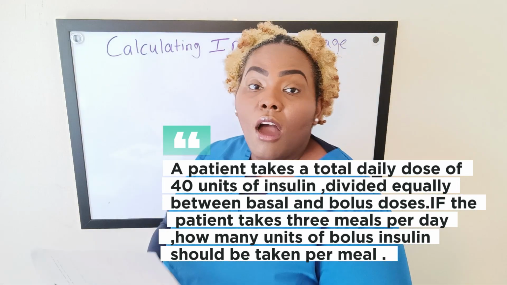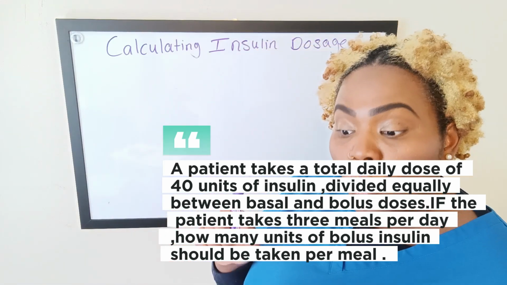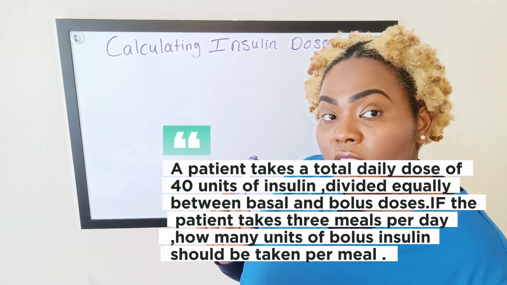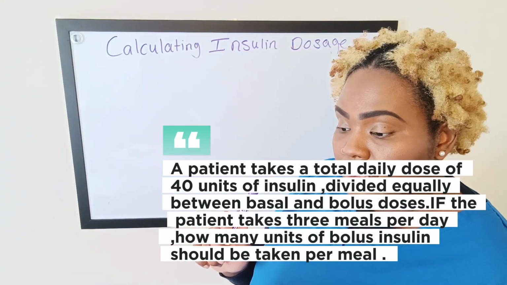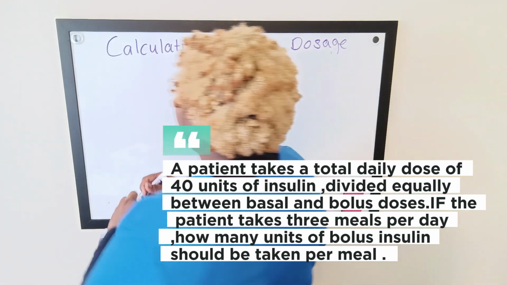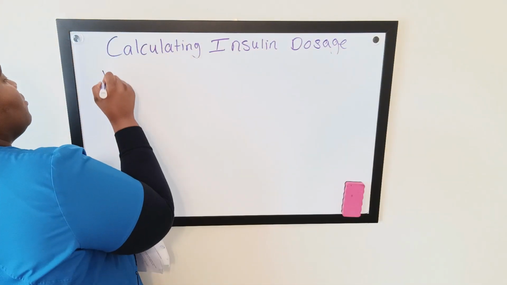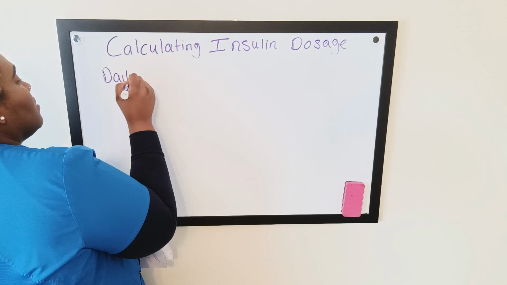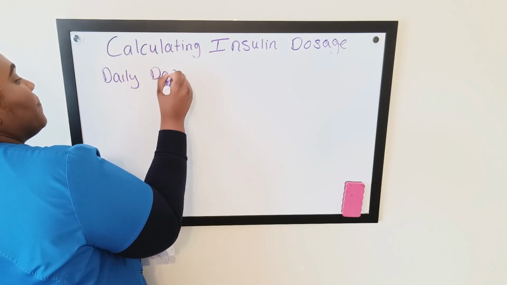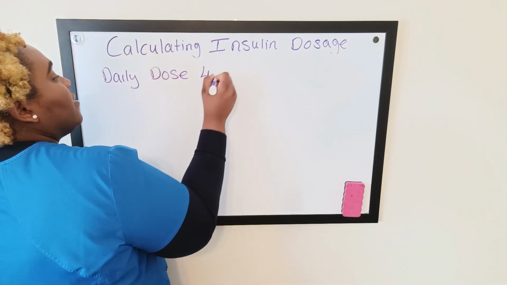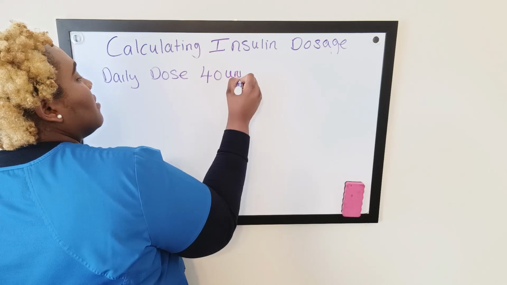So first thing, our patient takes a total daily dose of 40 units of insulin daily. So let's write down that. What is our daily dose? Our daily dose is 40 units.